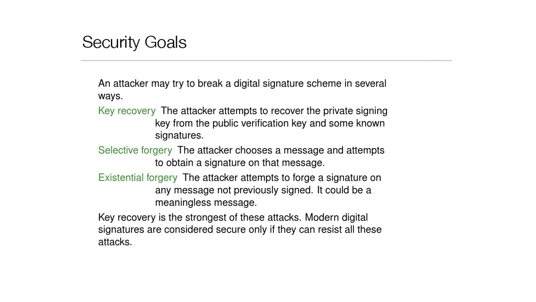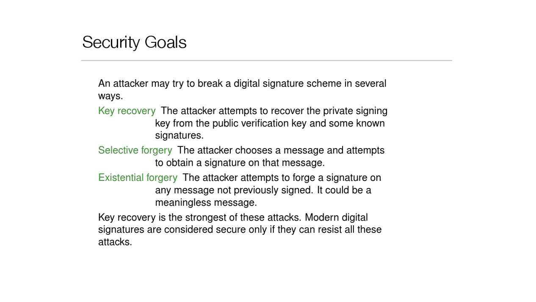When you look at these three points, you can see the last one, existential forgery, is the easiest way for the attacker. The attacker just tries to create a signature on any message, just one message, but anything. In selective forgery, the attacker chooses a particular message and tries to forge a signature on that.